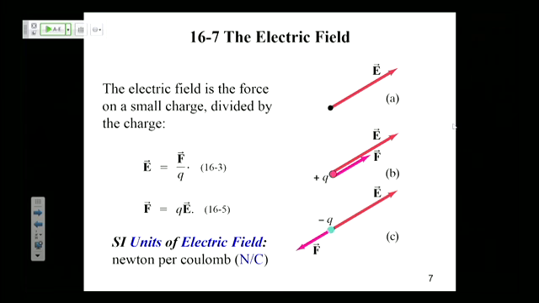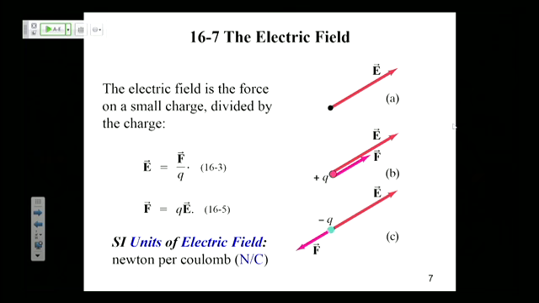So now in this course, we extend this concept, but instead of talking about the gravitational field and the planet Earth, we are going to learn about the electric field that is generated by charges.